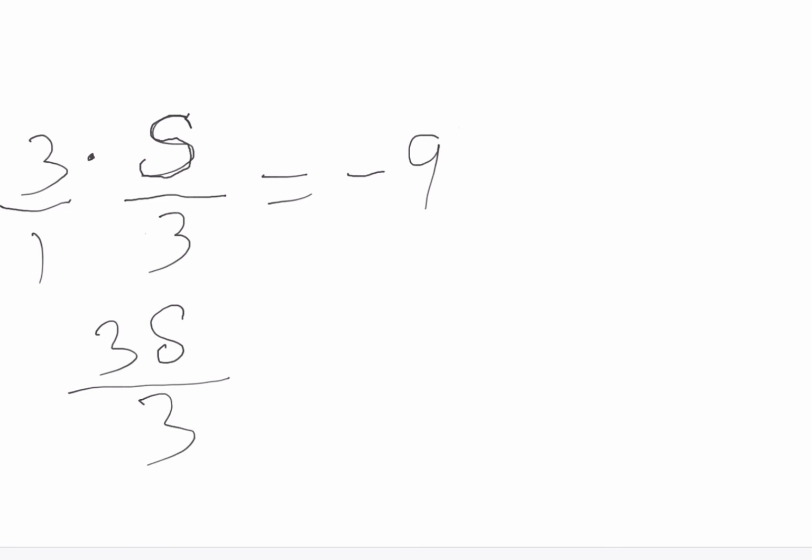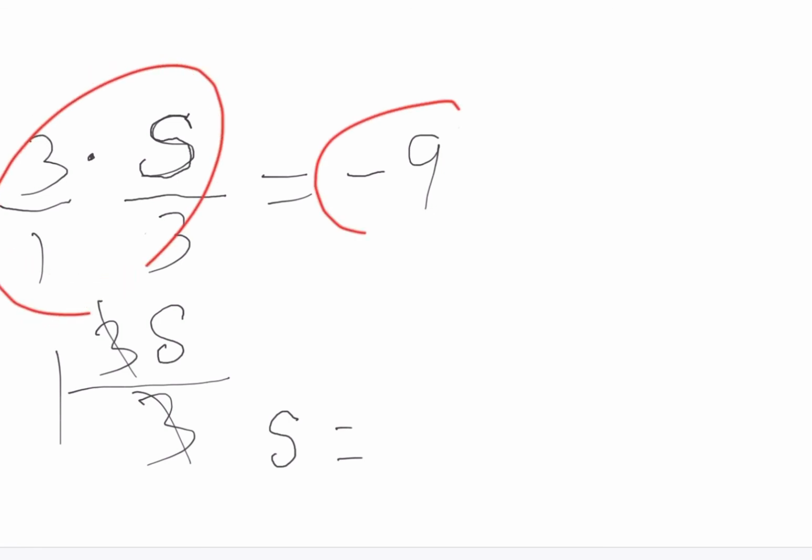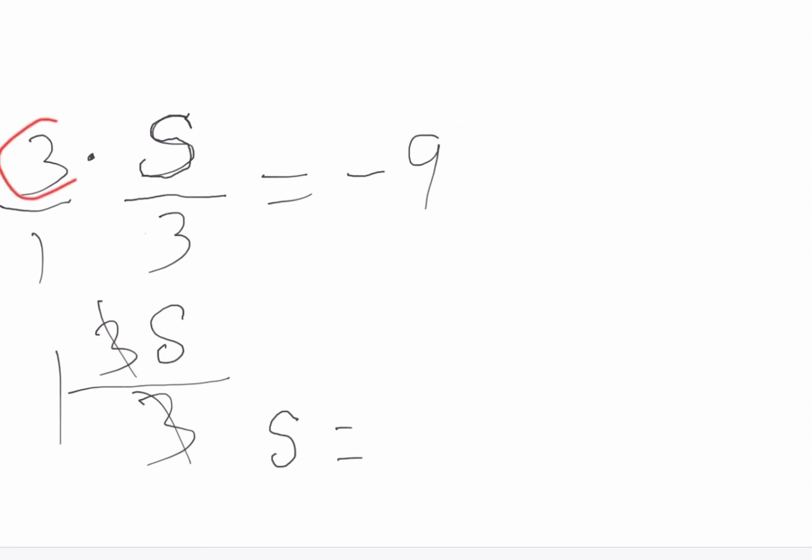Okay? Now I've got a similar situation here. My 3 divided by 3 equals 1, right? So now I've got 1s. Do I have to write the 1? No. So I've just got s equals. Now, this side is no longer equal to this side because I went and multiplied this side by 3.